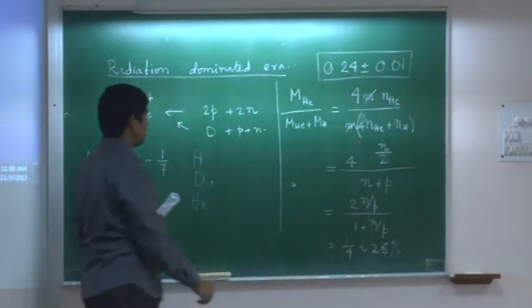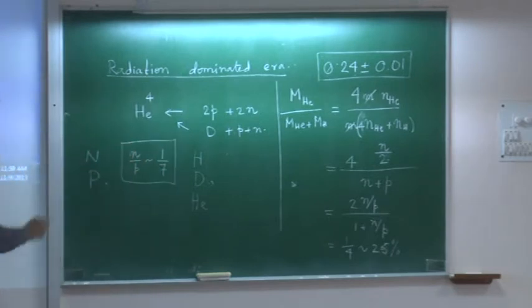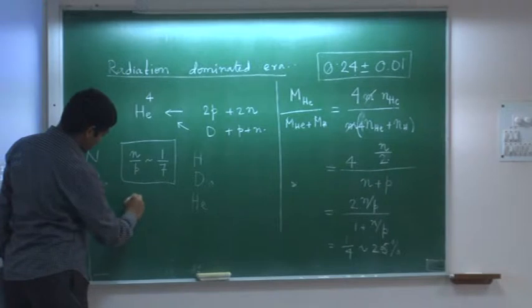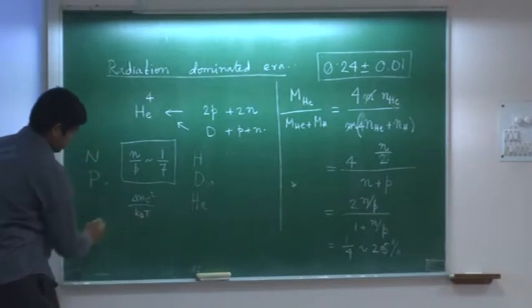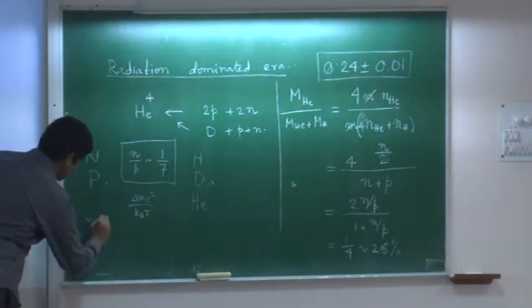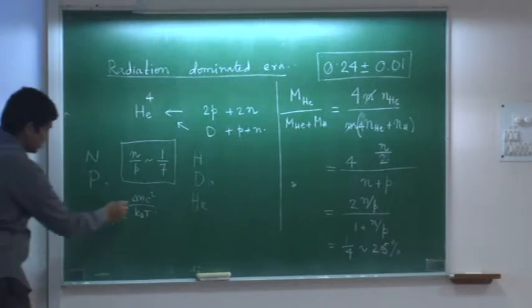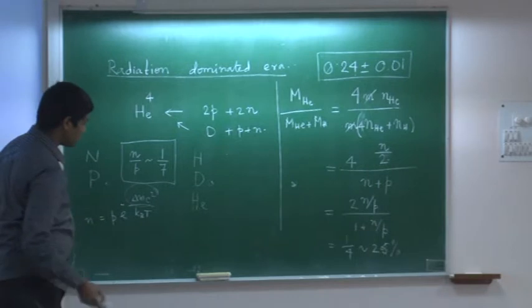And this only depends on how the N and P ratios are dependent, which I wrote down, that has a delta M C squared by kBT. So it only depends on delta M C squared, and you know how T changes as a function of time.